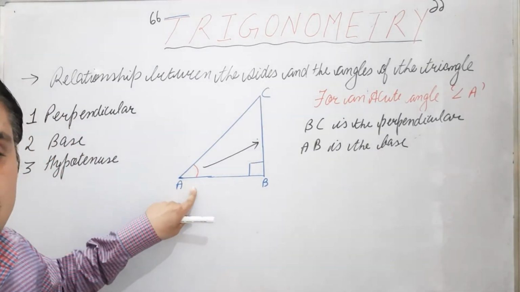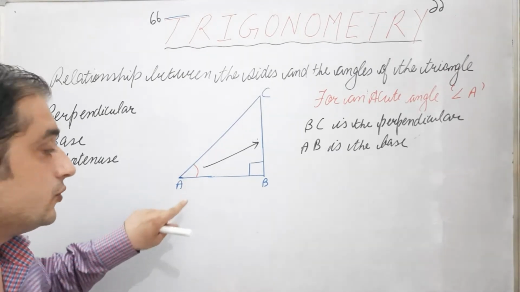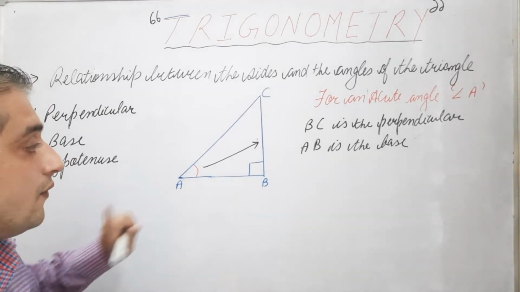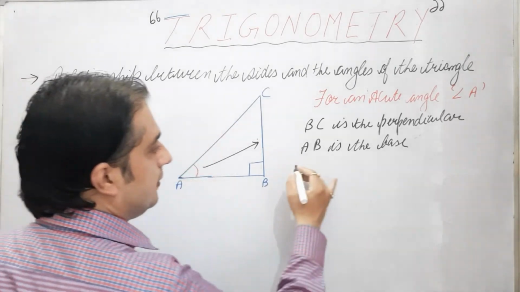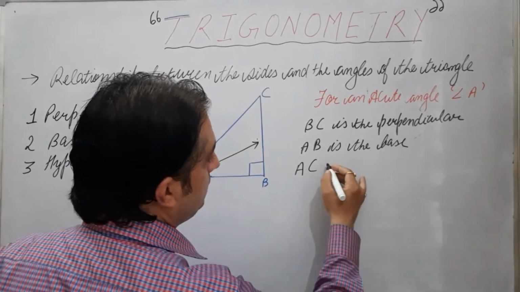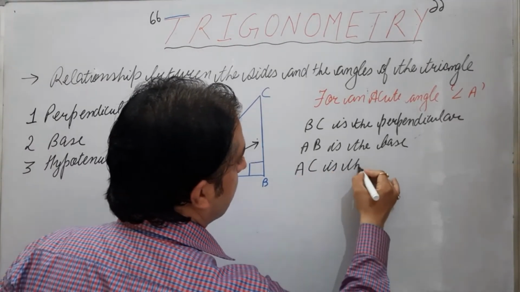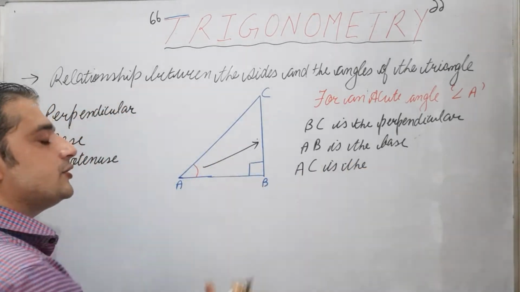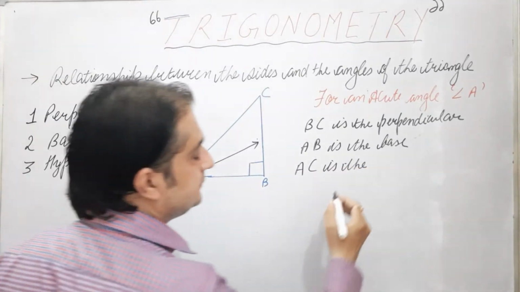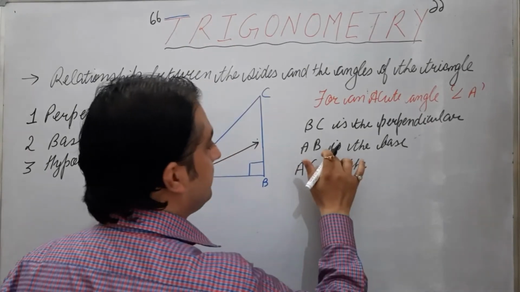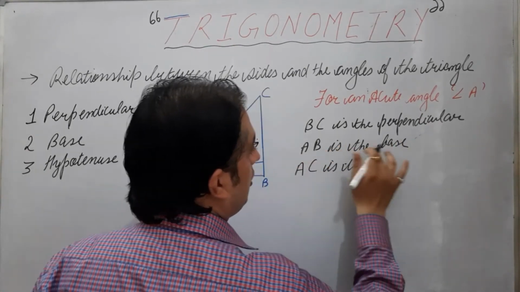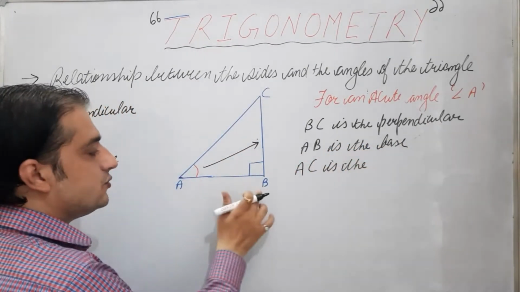Corresponding to the acute angle, which is your angle of reference, and you know very well about this hypotenuse. So this is the side opposite to the right angle. So AB is the base, right? Or it is a side adjacent to AB.